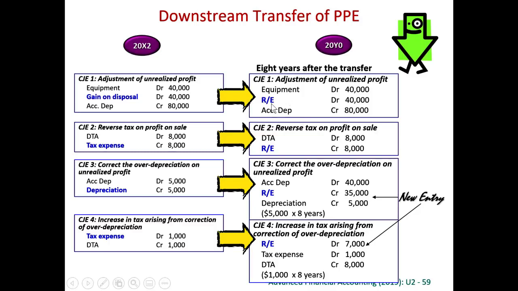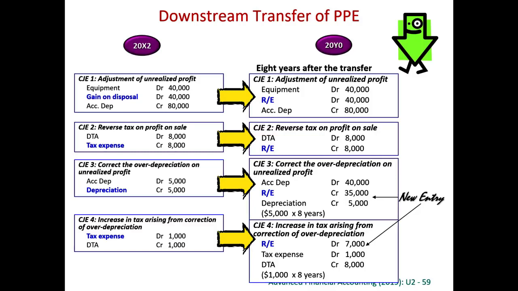You can see that here we debit retained earnings 40,000. Next year, we will credit retained earnings 40,000 here. We credit retained earnings 8,000 here. Next year, we will debit retained earnings 8,000 here. So the net effect on the retained earnings is 0. So even if we don't repeat this journal entry, we will not affect the reconciliation of the retained earnings.